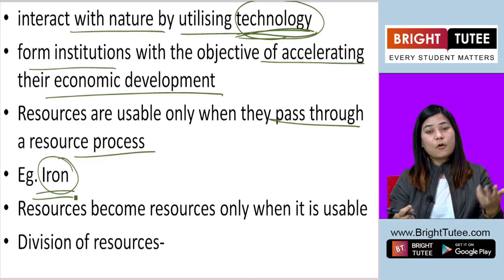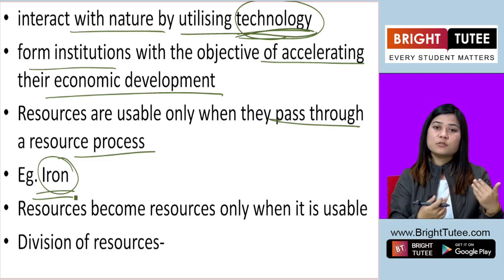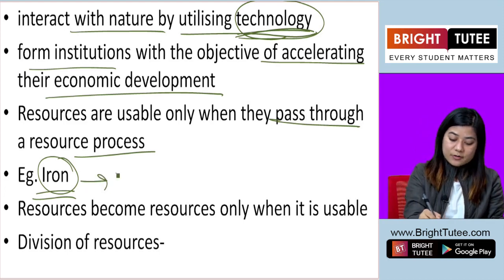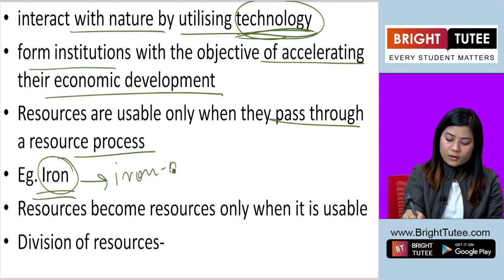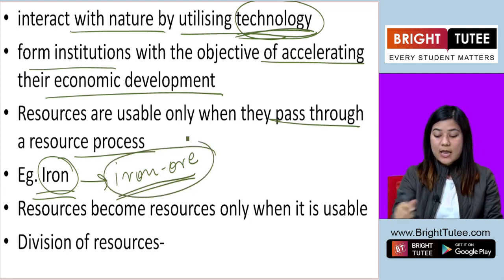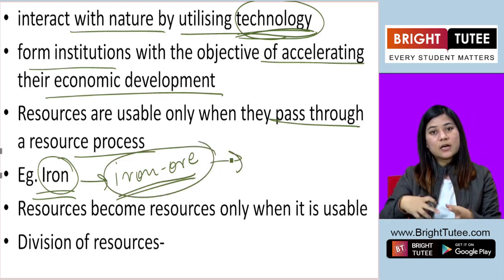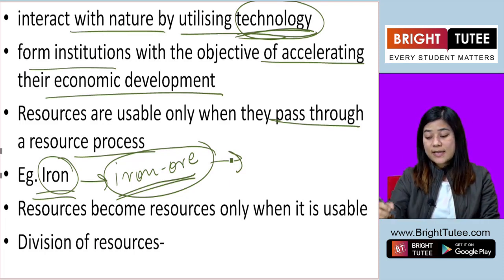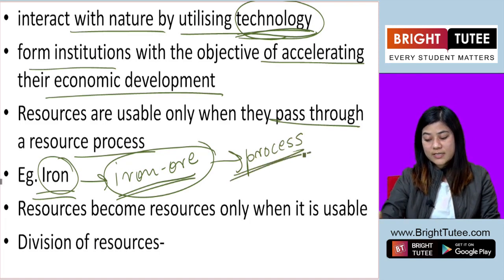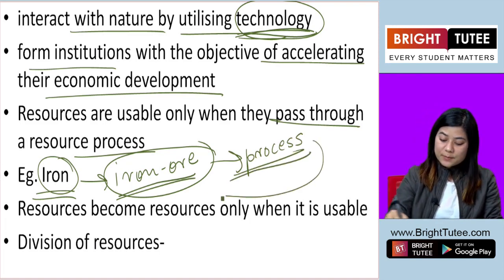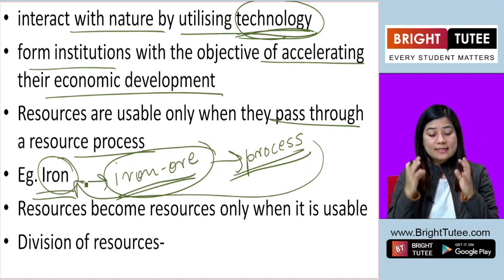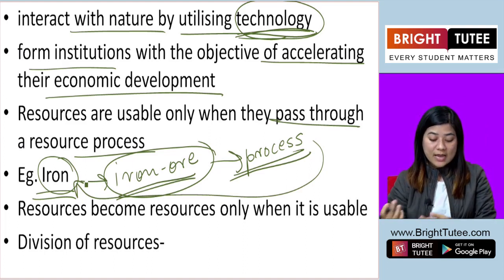When we dig for the resource of iron, what do we find? We find iron ore. Now this iron ore is the resource, and it is dug or found, and then it is put through a process, and as a result of that process, finally iron is made, and that iron is used for human activities.